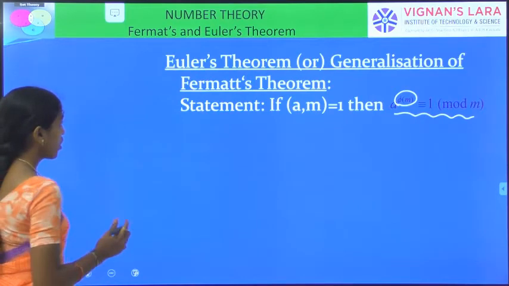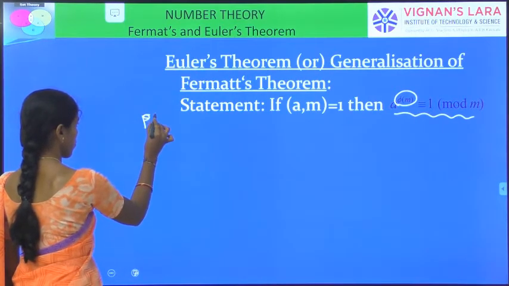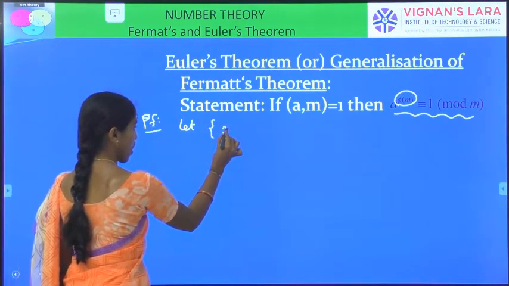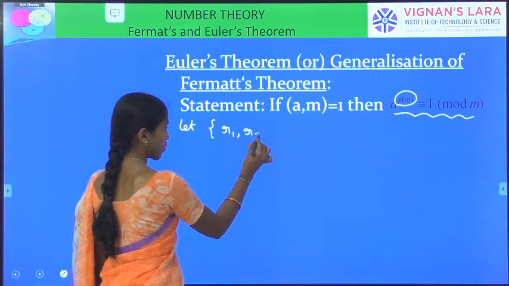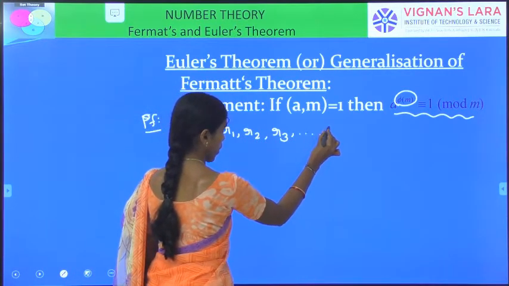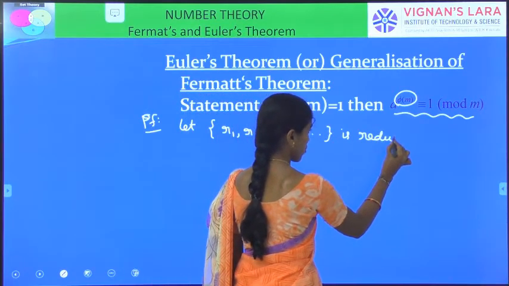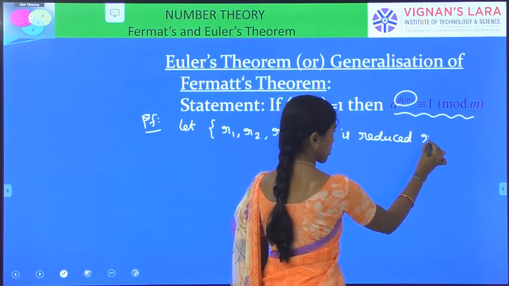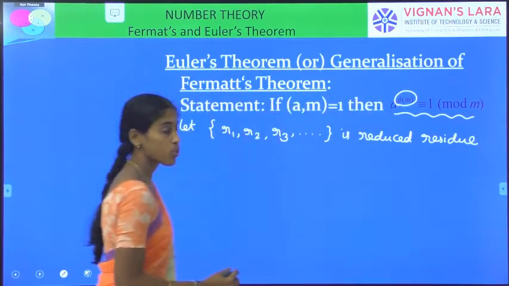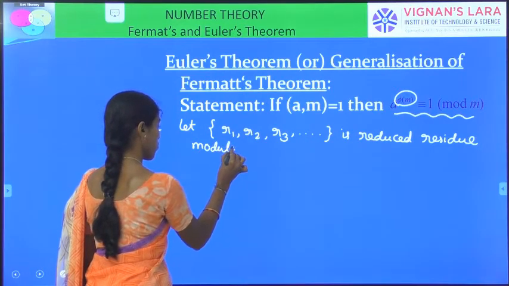Now see the proof of Euler's theorem. Let the set R1, R2, R3 and so on be a reduced residue system modulo m, right?